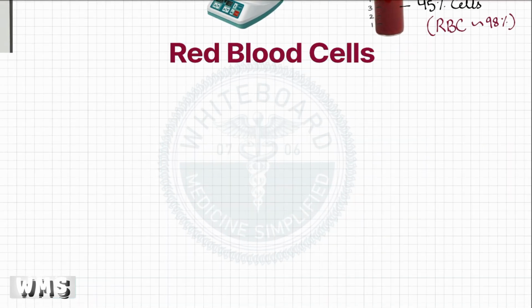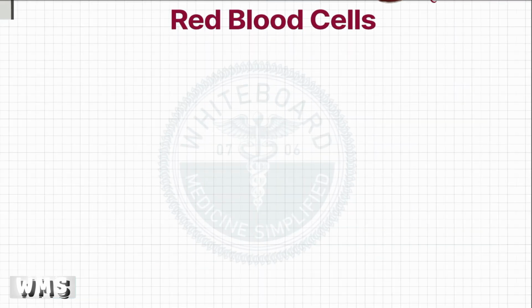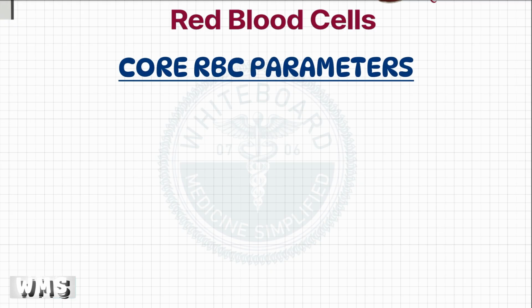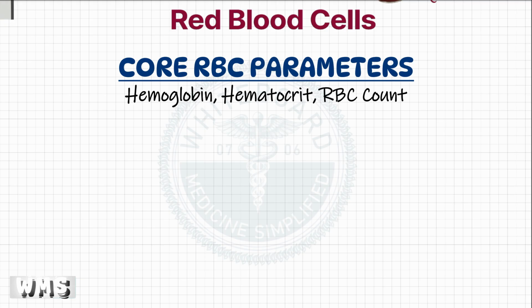So let's start with the red blood cells. Think of them as the taxis carrying oxygen from our lungs to every tissue in our body. In the RBC section, we will discuss two groups of parameters. First, the core RBC parameters, which include the hemoglobin, hematocrit, and RBC count.